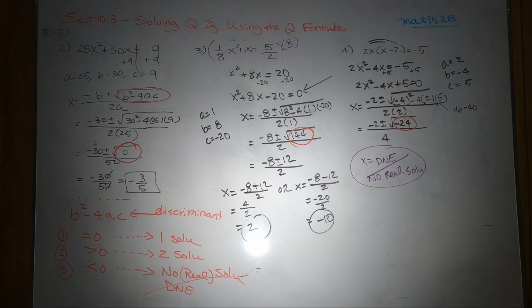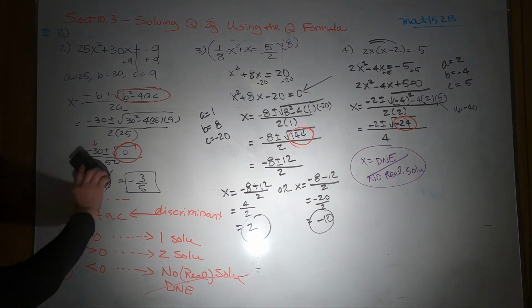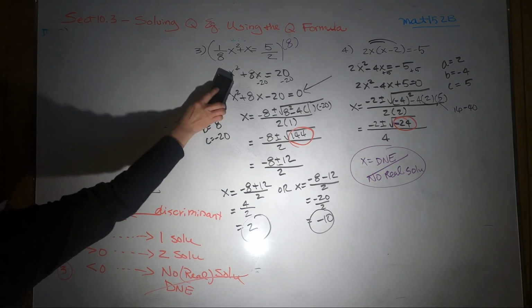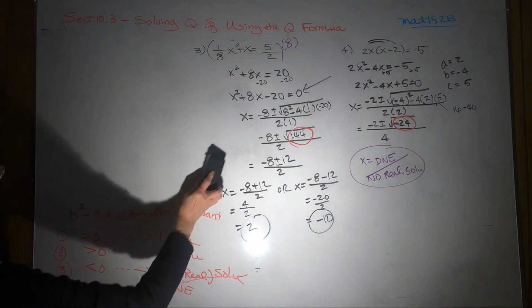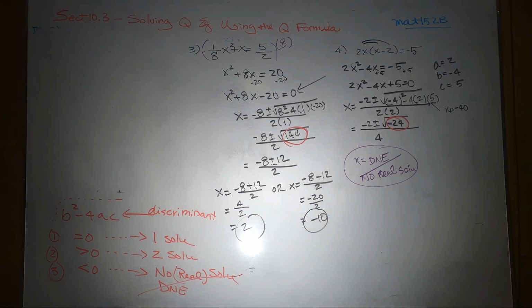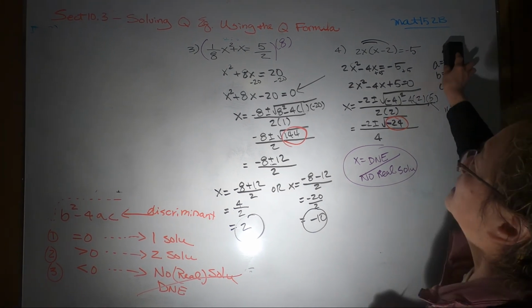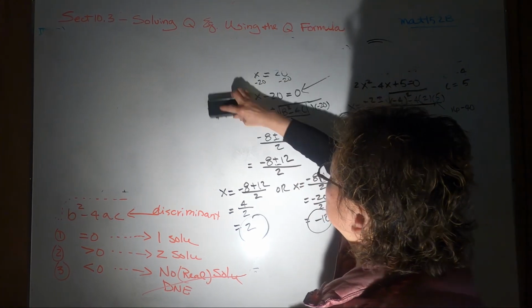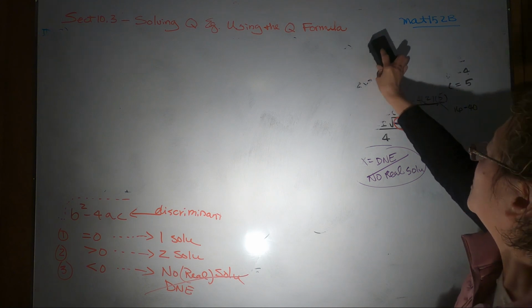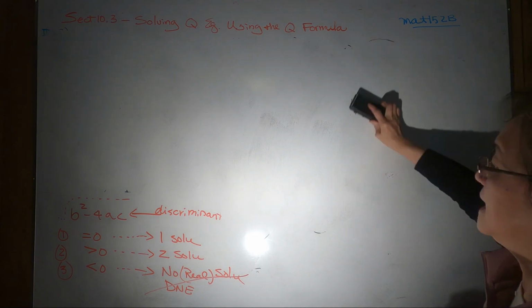So we can just use b squared minus 4ac to decide what kind of solutions we might have. And we don't have to actually solve it. If we need to solve it, we use the quadratic formula, right?